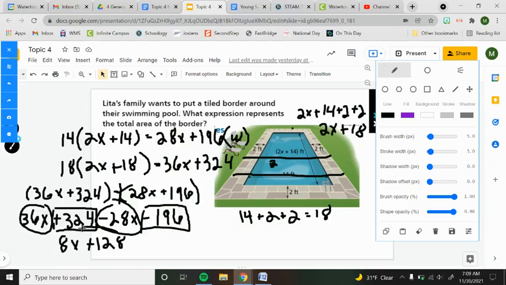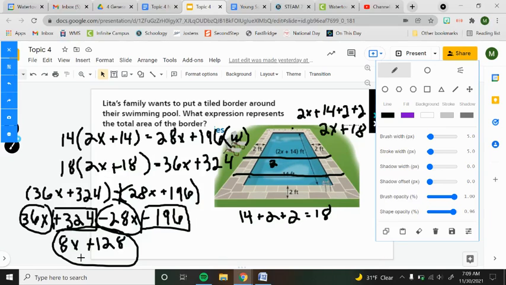All right, so the area of just the border, because I took the area of the water with the border minus the area of just the water, I got 8x plus 128.